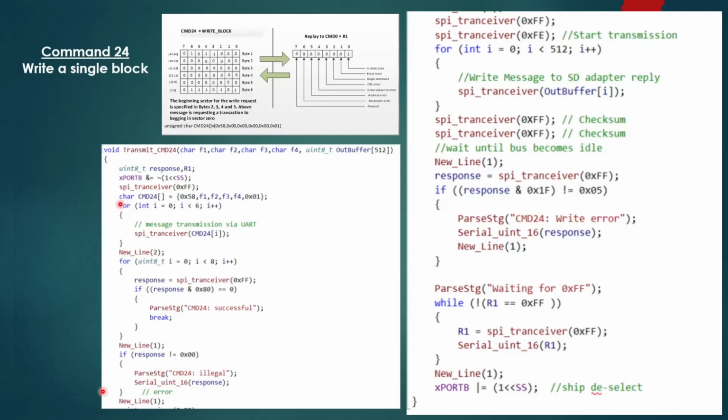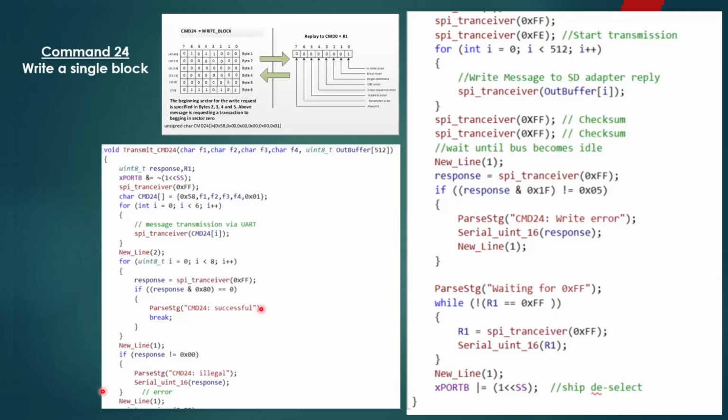So at this point, we send the 6 bytes of the command, and after we send them, we're going to go 8 times waiting for and evaluating the response. As soon as the response is 0, meaning that bit 7 is 0, then we're going to declare that command 24 was successful.